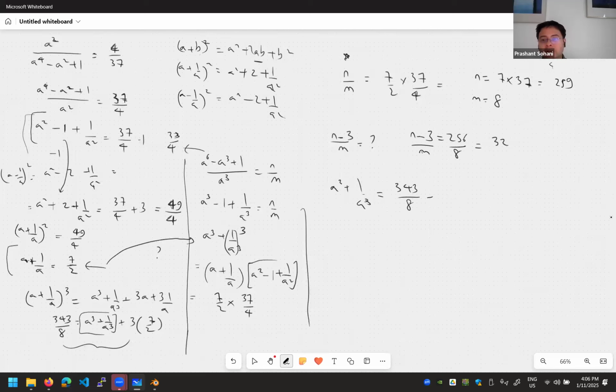I think last time I had used this method, but I think both methods are valid. So, 259 by 8. Okay, so I'm getting the same value of n over m.